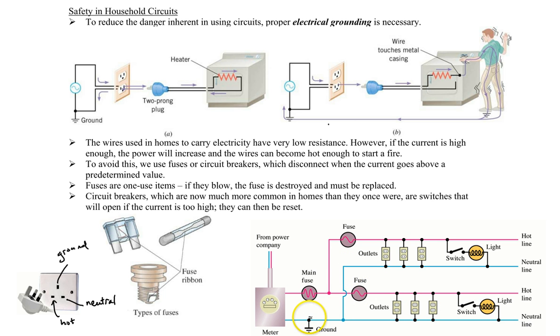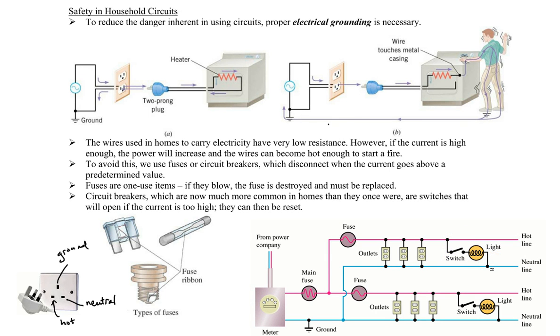And so for houses, the ground is actually an electrode that is typically driven right into the earth, usually something that is a good conductor. And there are times, maybe in older households, they might connect the ground to a cold water pipe. Electricians speak of hot side and neutral side.